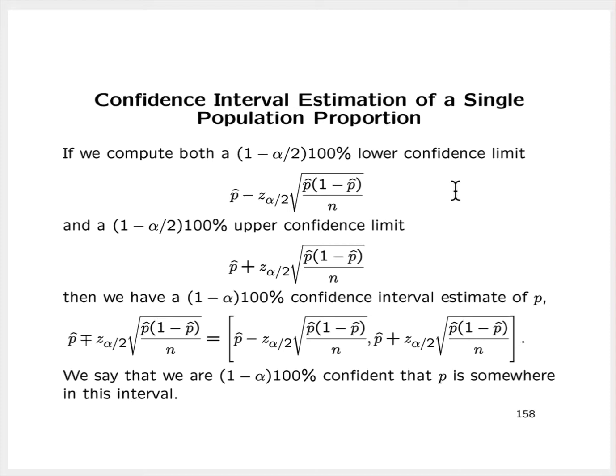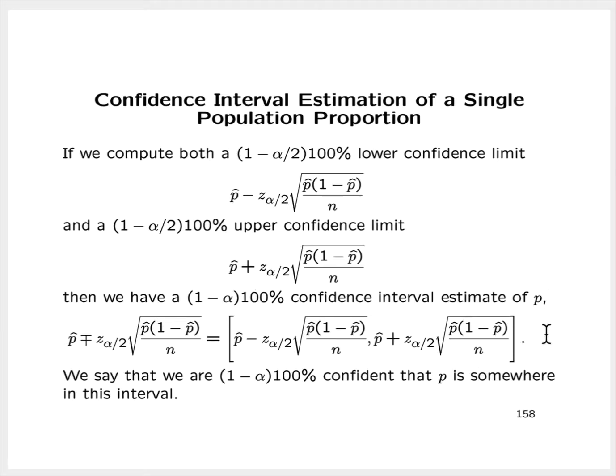Finally, to construct a two-sided confidence interval for p, we construct a 1 minus alpha over 2 times 100% lower confidence limit for p, and a 1 minus alpha over 2 times 100% upper confidence limit for p, and then we put them together.